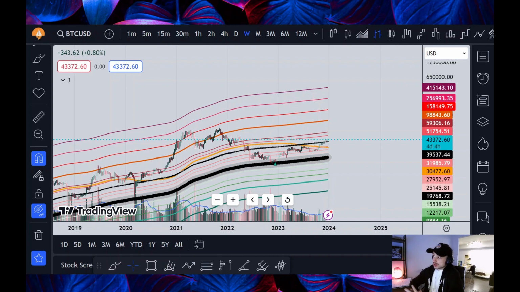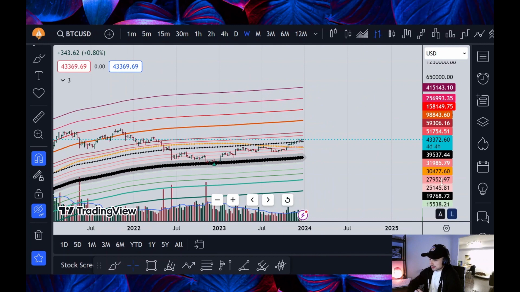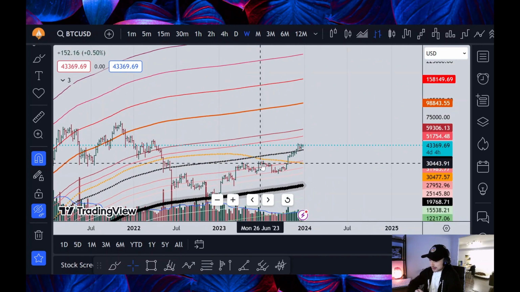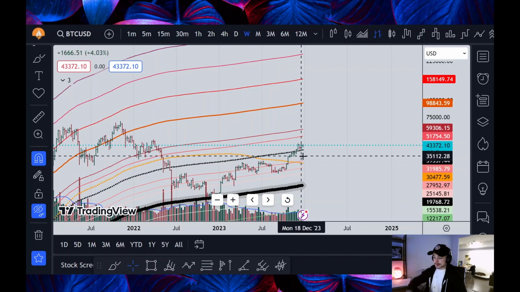The weekly chart means that every single one of these candles or bars represents one week of trading volume. So it's a very zoomed out time frame. The higher we zoom out on the time frames, the more respect the technical indicators are going to get from the market, the more influence they're going to have, and the more impact they're going to have on the price action.